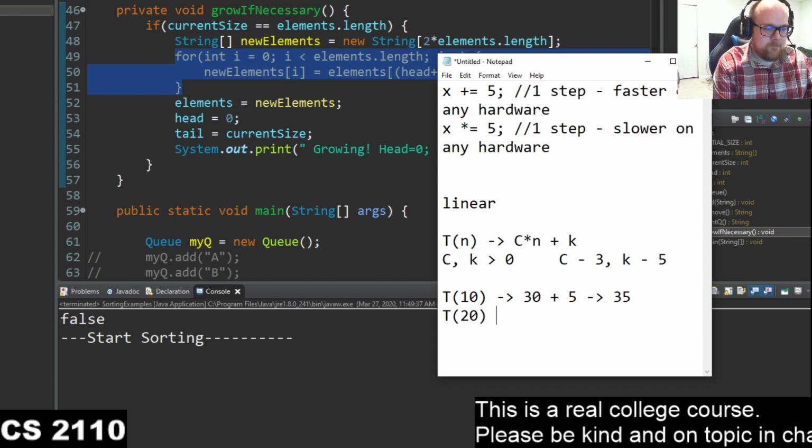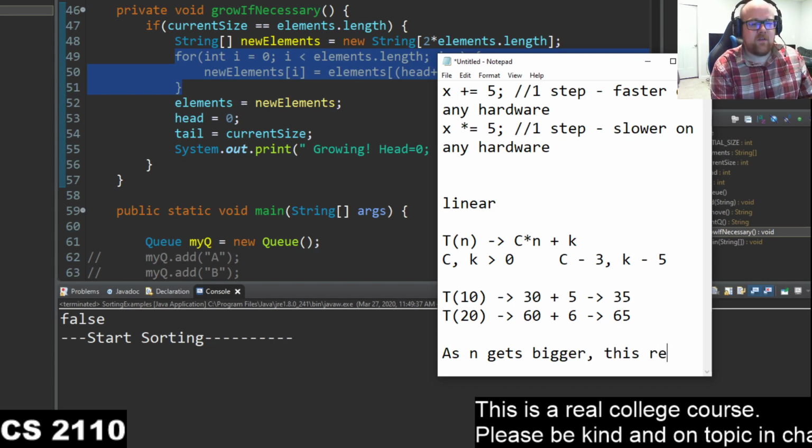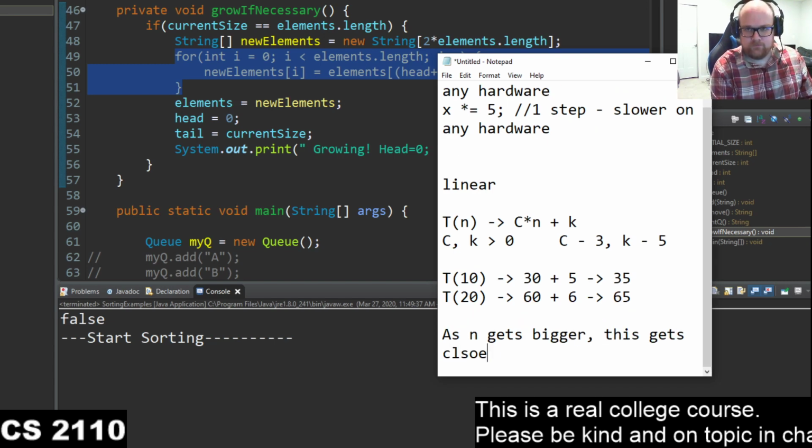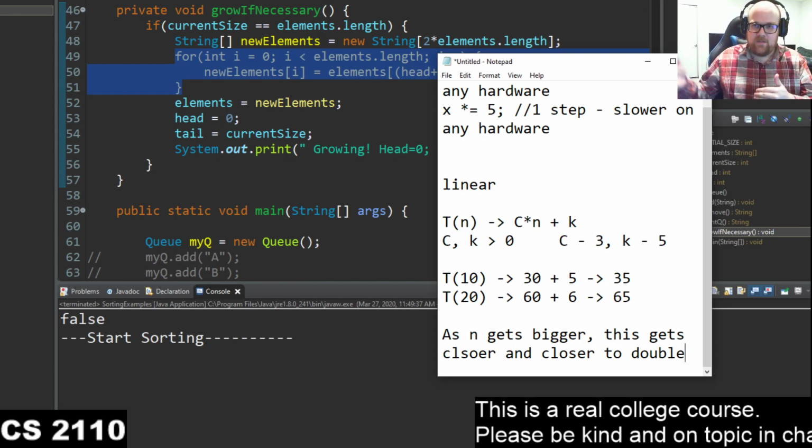T of 20 would be 60 plus 5. That's not exactly double, it's a little bit less than double. But as n gets bigger, this gets closer and closer to double. That is to say that as n gets larger and larger, doubling the size of the input more consistently doubles the runtime.